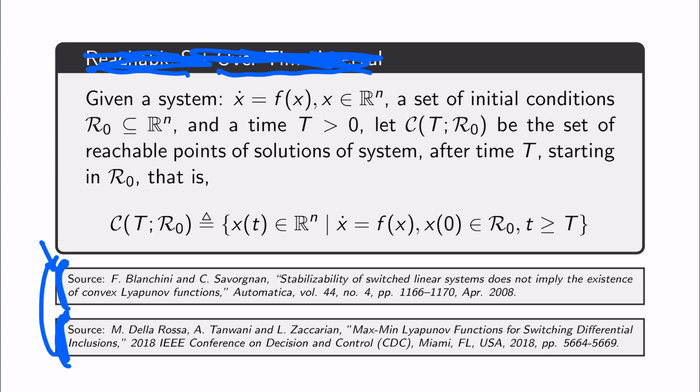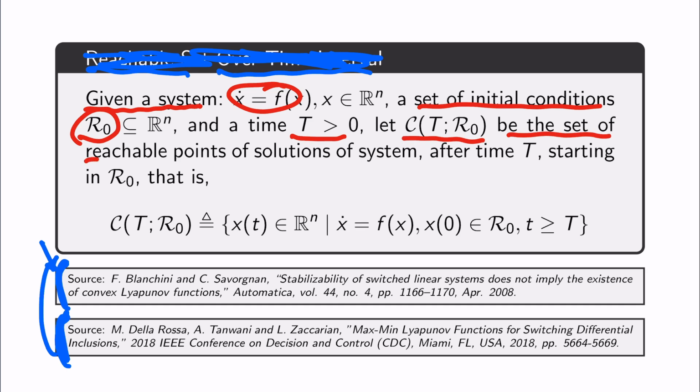This is not fake. Okay, given a system, so we have a dynamic system and a set of initial conditions and a time, we have this confinement set be the set of reachable points of solutions of the system. Here, this is the critical part, after time t.